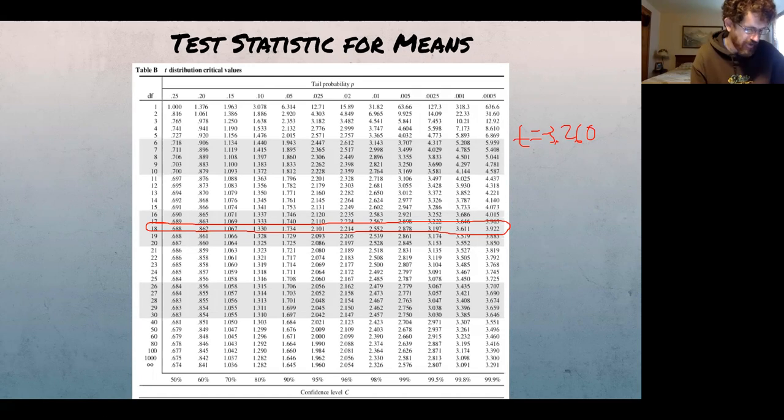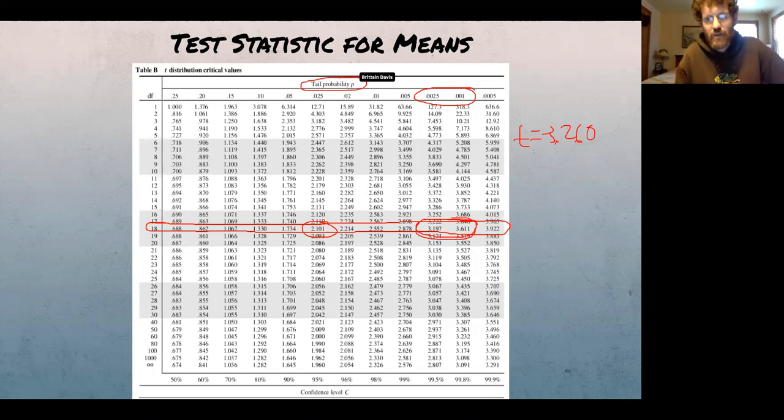So 0.688 starts on the left, and I keep going over. By the time I get to here, it's 2.101. Okay, so I keep going. 3.260 fits in right here. I don't know where exactly it falls between those two, but I do know it's going to be between these two p-values. So what you're seeing here, the tail probability, shows us our actual p-value.